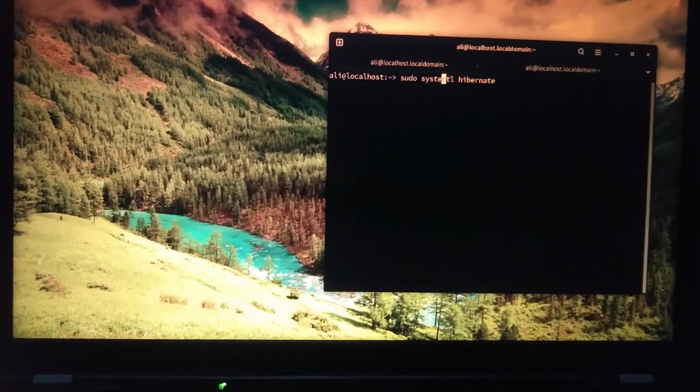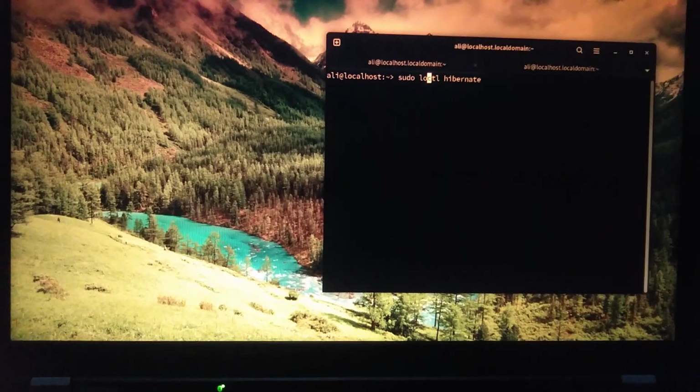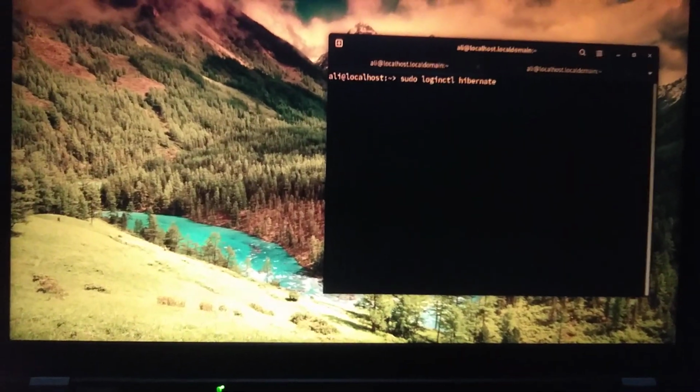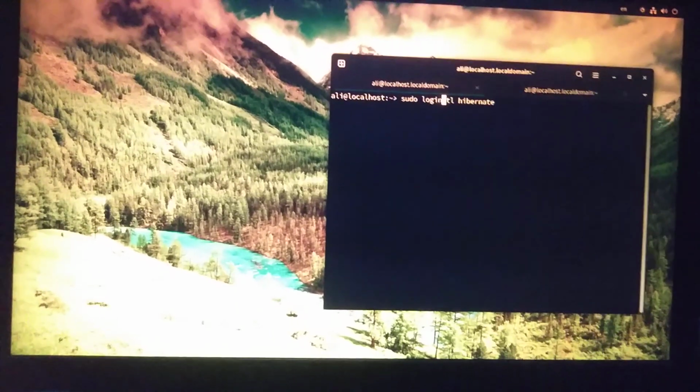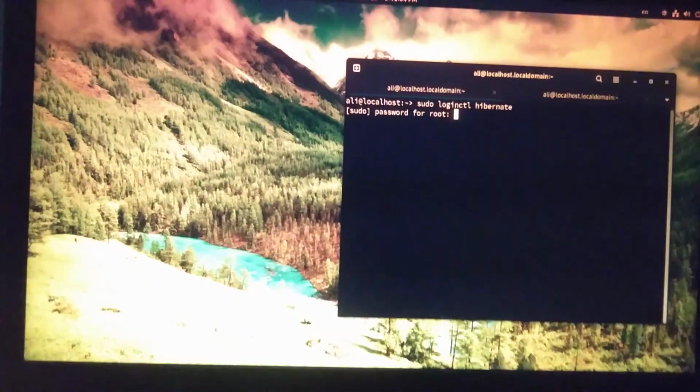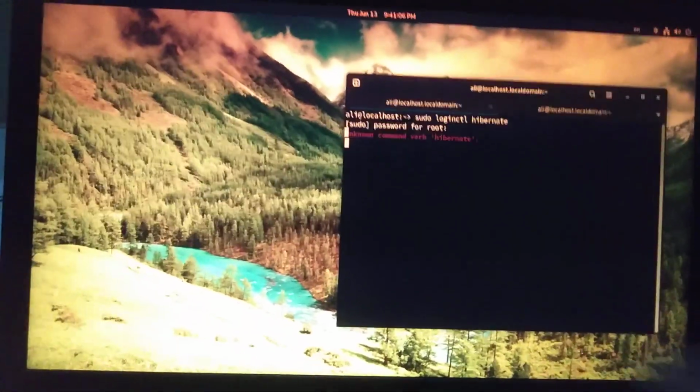I remember I did this on Gentoo. If you follow the default wiki for the installation, the handbook, Gentoo usually doesn't come with systemd, it works with openRC. So I believe it was loginctl. Here you put the password since it's root.